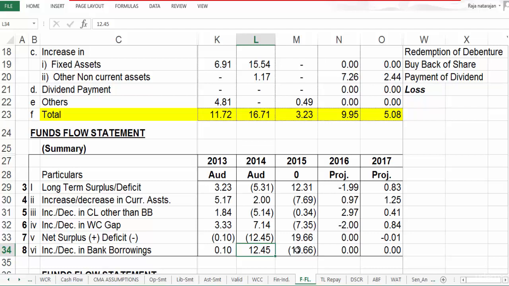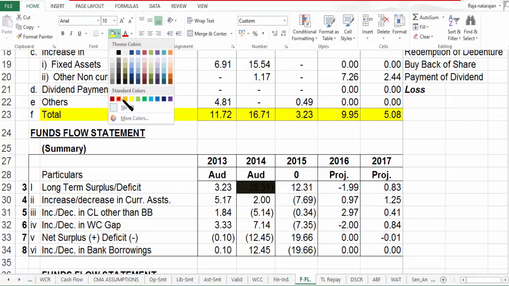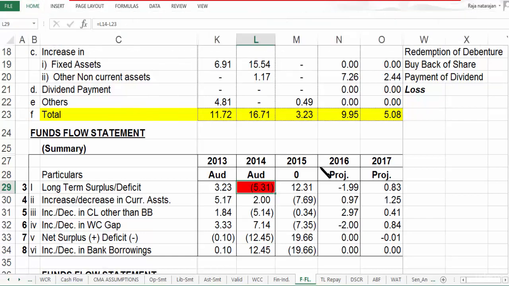So the fund flow statement will tell you, or will reveal, these kinds of dangers that can happen for a company. This figure is sufficient to indicate that something is wrong. Okay, this company is going to be in serious trouble.